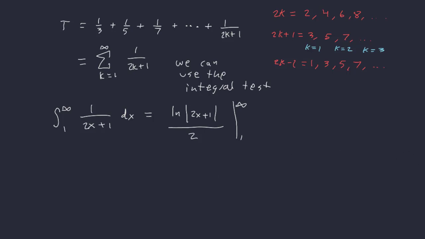It's great. And I can pretty much tell that this is going to diverge because when we plug in the infinity here, the natural log of 2 times infinity, well, this is going to go to infinity. Plugging in the 1 doesn't do anything. That just makes this natural log of 3, but this whole thing is going to infinity.